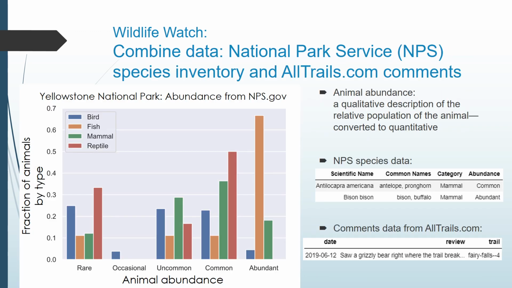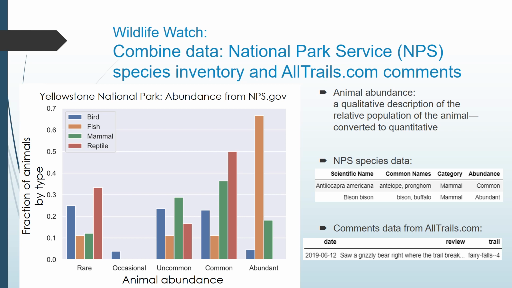To make Wildlife Watch, I combined data from a couple of different sources. I first looked at the National Park Service animal inventories, where you can see that there is information about the common names for an animal, as well as the categories of the animals and how abundant these animals are. So you can see a lot of what those animal abundances look like.